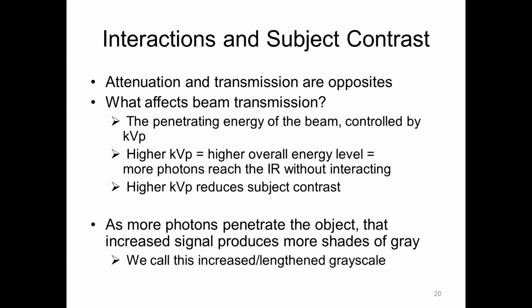Think about an AP foot. You're going to take an X-ray of an AP foot, 55 kVp. In DR, it's still relatively low, but when you do that, you're going to have a good amount of photoelectric interactions in the bone and in the soft tissue.